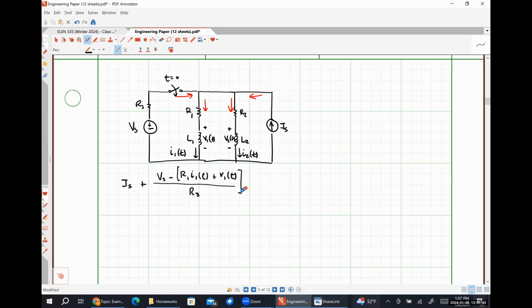Oops, and that bracket shouldn't go down to the bottom. That just looks weird. So those are my currents flowing in, and this is going to equal my currents flowing out, which is I1 plus I2.